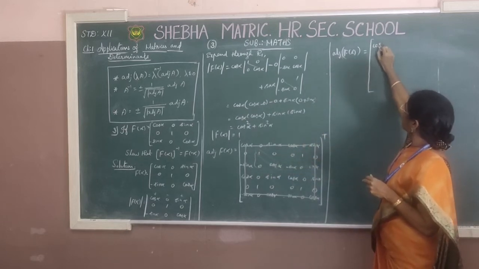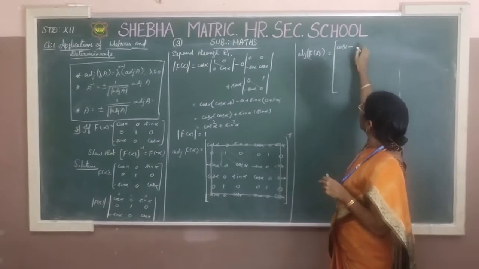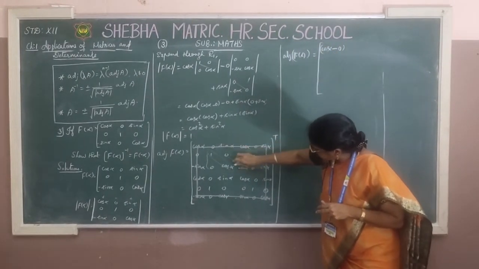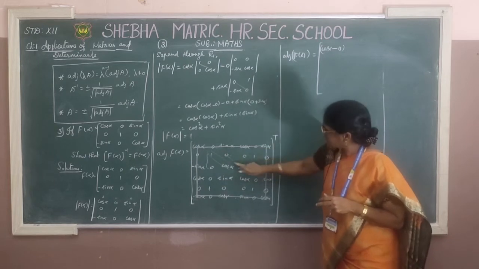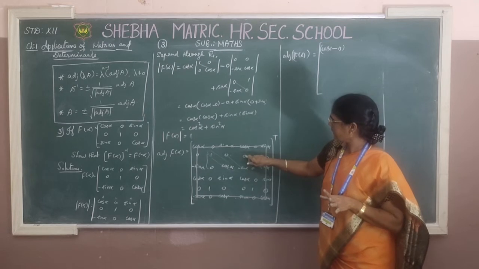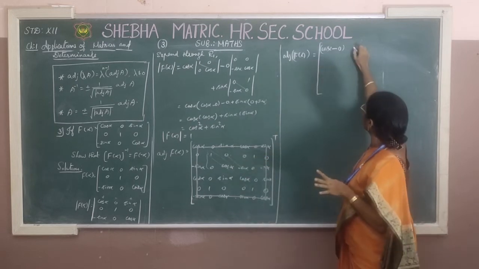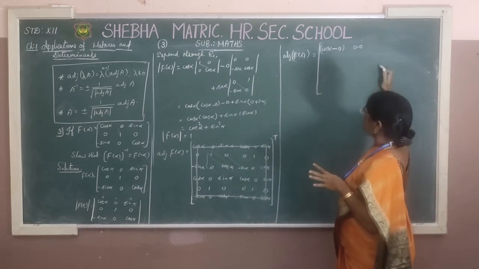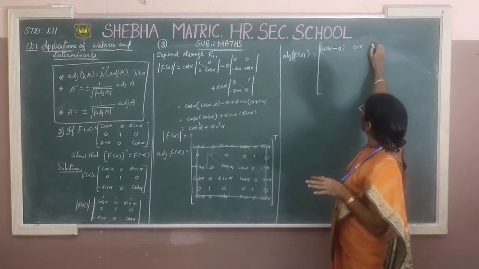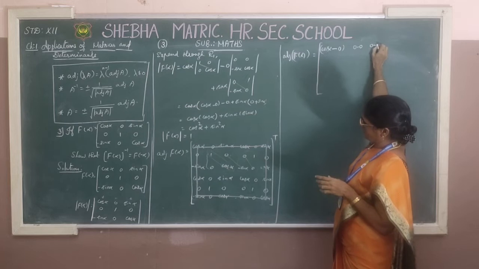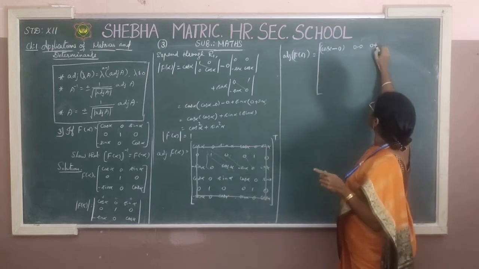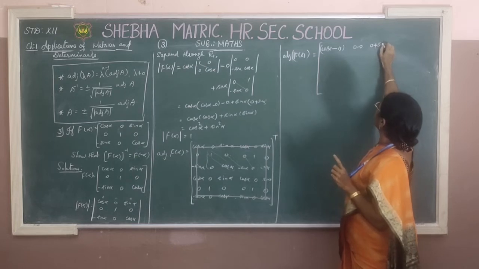Cos alpha minus 0 into 0 is 0. Okay, this is our first element. Next, consider these 4 elements. First, multiply the main diagonal, 0 into something is 0. Again minus 0 into something is 0. So, we get 0 only, isn't it? So, next consider these 4 elements and multiply first 0 into 0 minus alpha, minus sin alpha. So, it will become plus sin alpha.